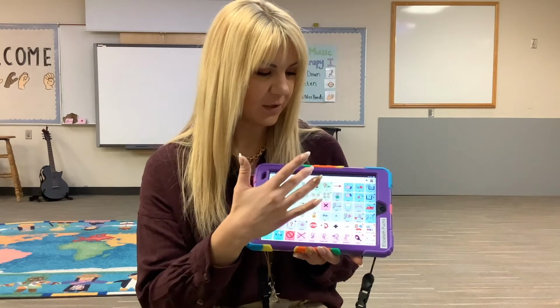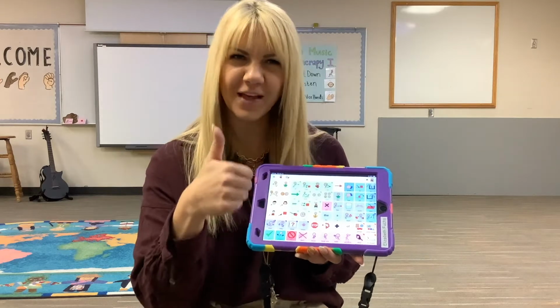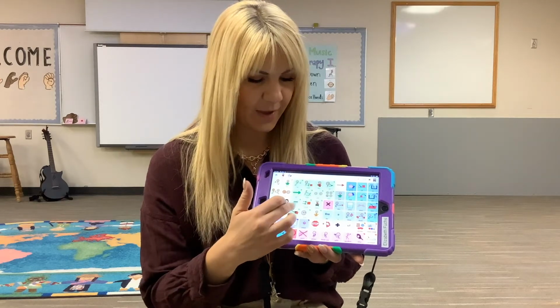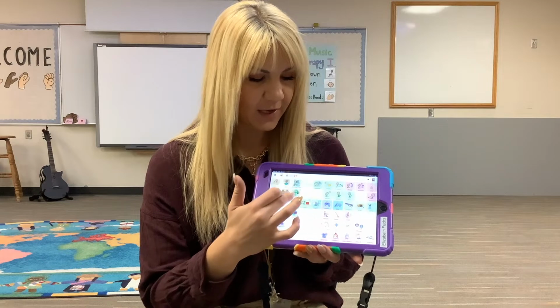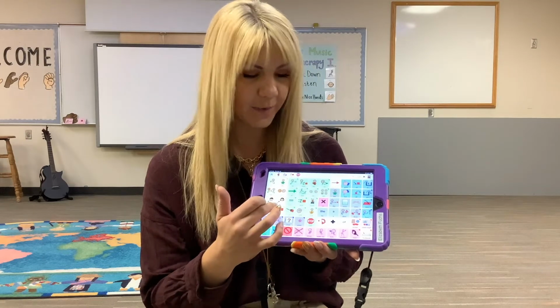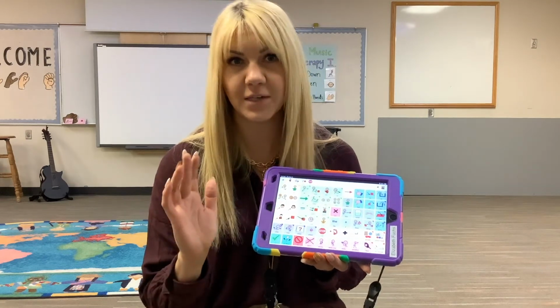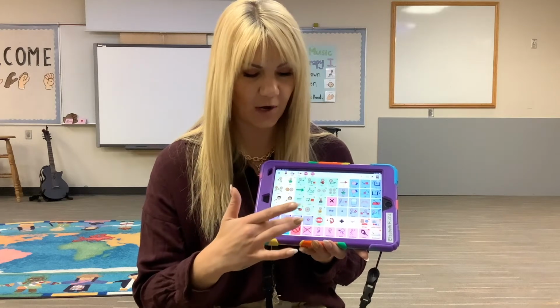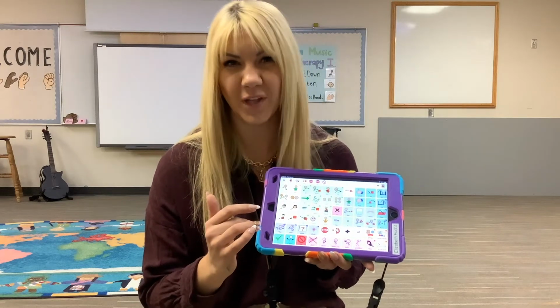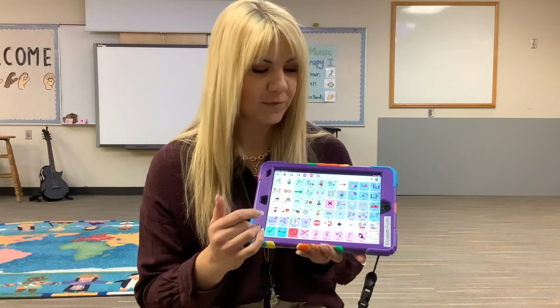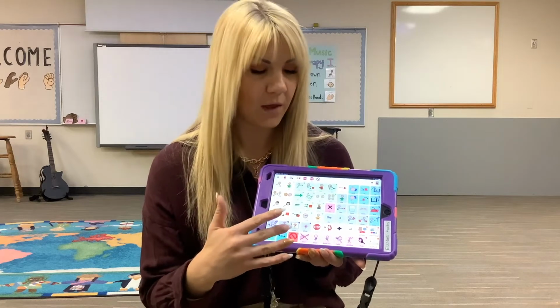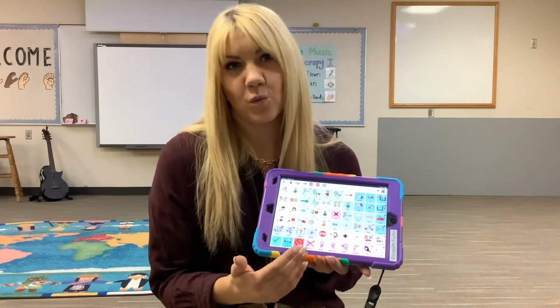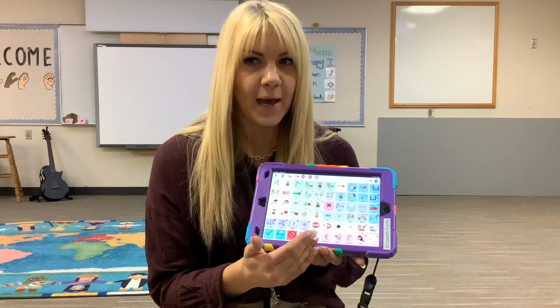I love to use good, ooh, that's a good one. And I like need. I love stop, because many of our communicators are often telling us that maybe stop or no, they don't like something. So I learn where those are right away. And then some of the other ones I just don't worry about for a minute.